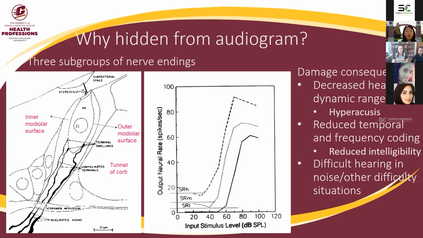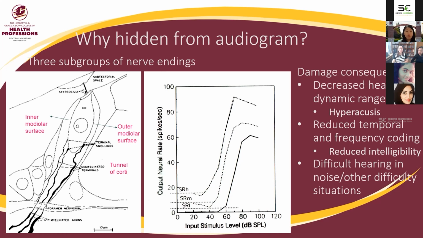So hidden hearing loss is specifically due to the damage to the low spontaneous rate nerve fibers. Also look here. They will only be stimulated by moderate to loud level sounds. So if any lesion happens to this specific nerve fiber, it is not detected by the audiogram.